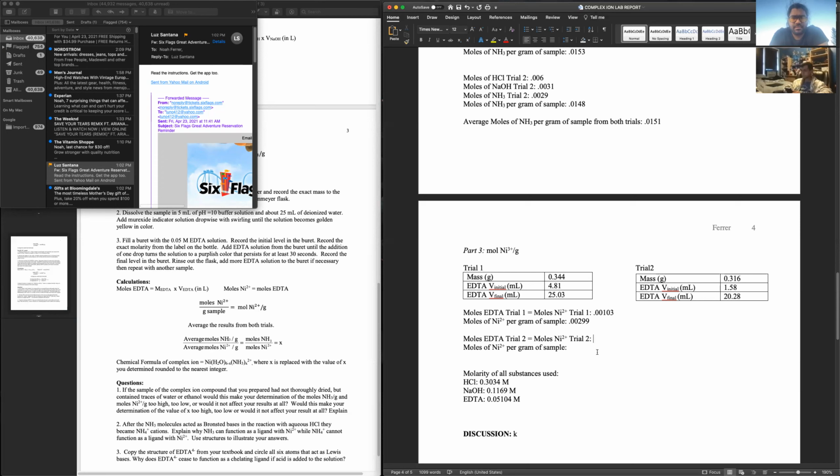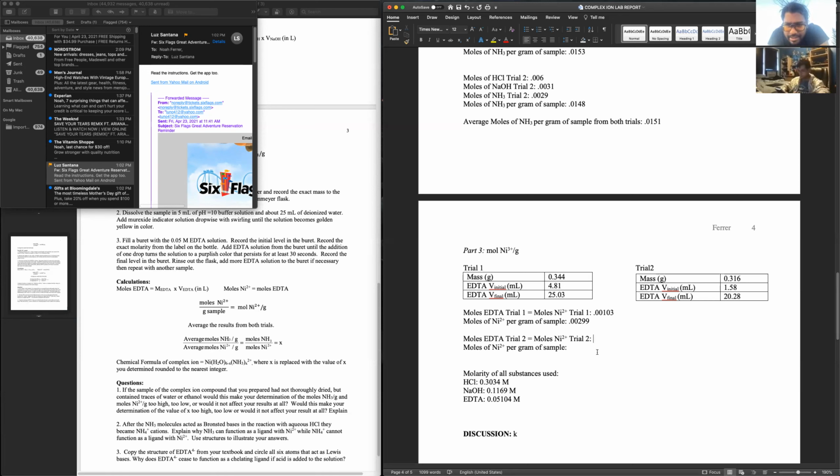Wait, did I do something wrong here? I did 20.28 minus 1.58, right? Yeah. And then from that answer, I divide it by 1,000. Yep. And then I times it by 0.05104. So I get 9.54 here. Wait. That shouldn't be it. Let me do it again.